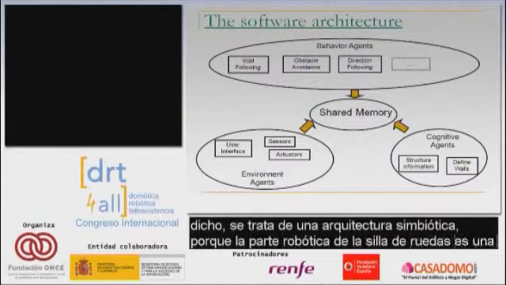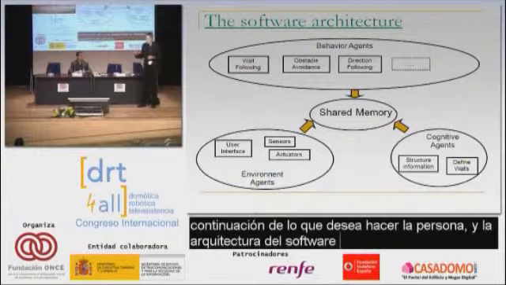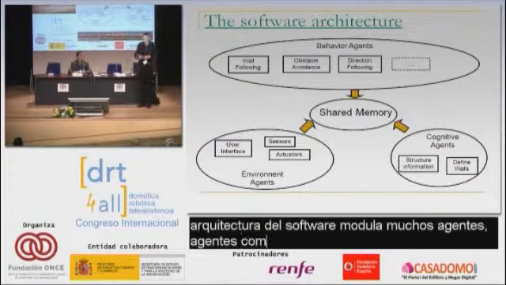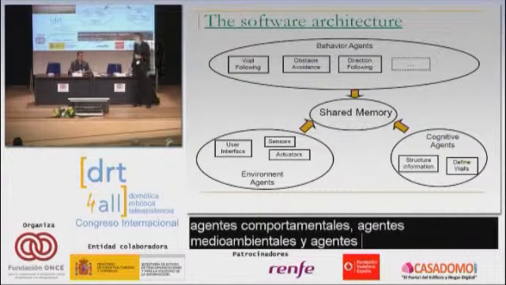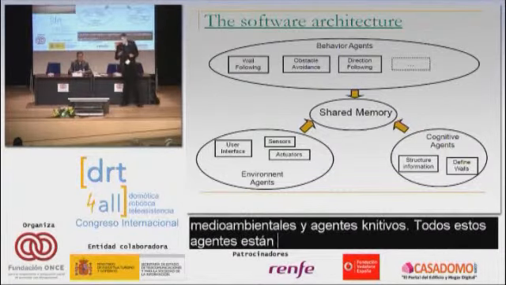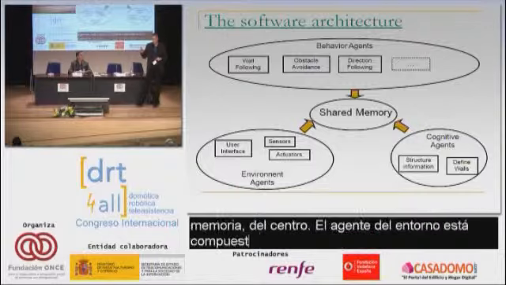And the software architecture is a lot of modules, a lot of agents: behavior agents, environment agents, and cognitive agents. All these agents communicate with a shared memory in the center. And the environment agents are composed of the interface, of course, but also sensors and actuators.